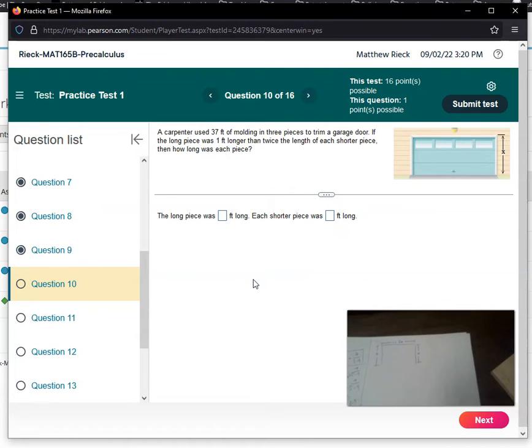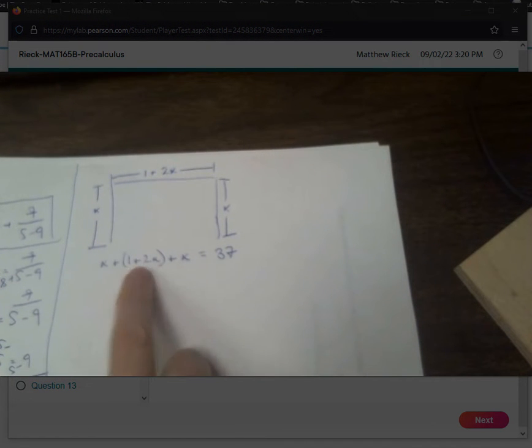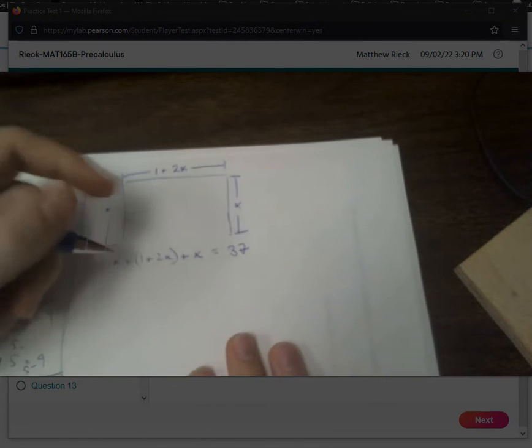All right. So if we add up each of these lengths, so x plus 1 plus 2x plus x, that's going to equal the total number of feet of molding that we used. So that's going to equal 37. So this is my equation here.